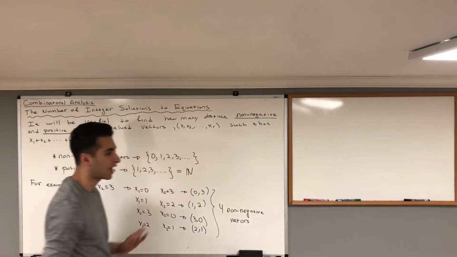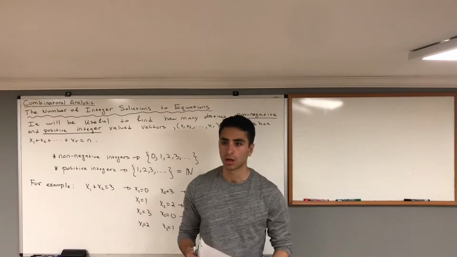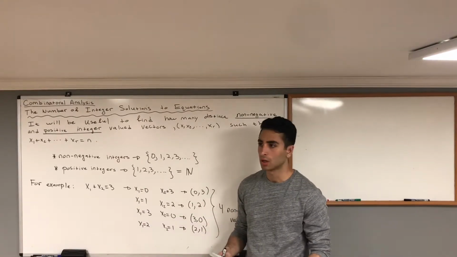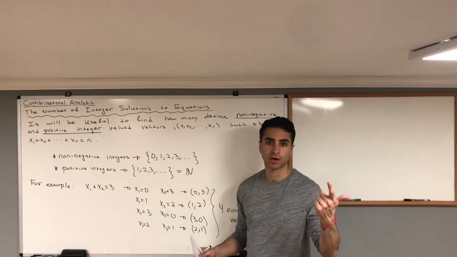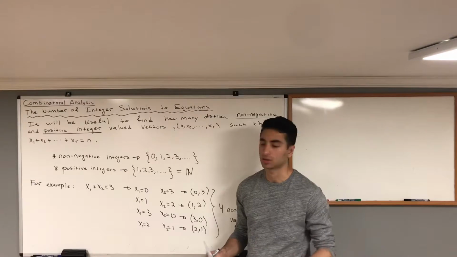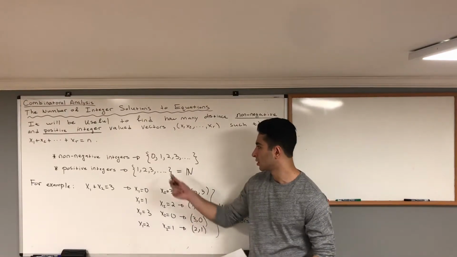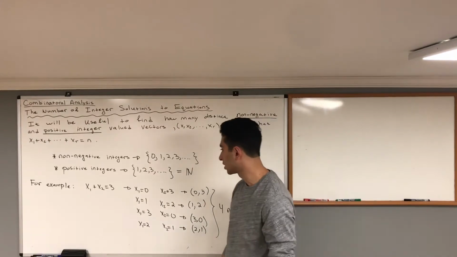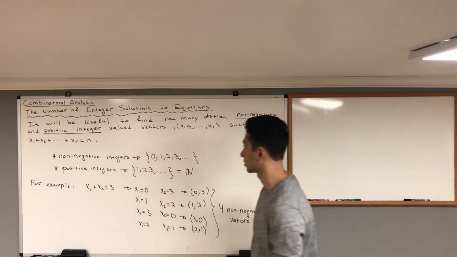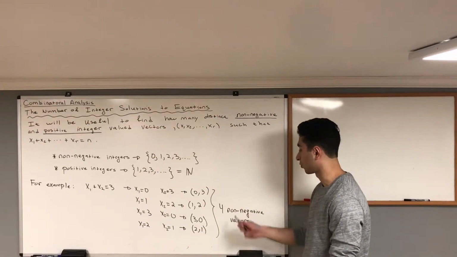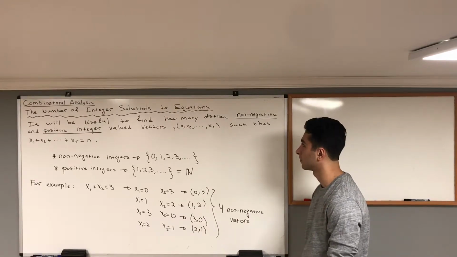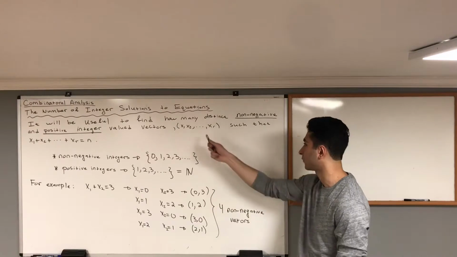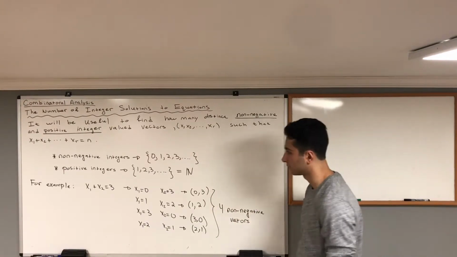We can't have 1/2, we can't have -4. We can't have negatives, we can't have irrational numbers or fractions. We must have non-negative integers or positive integers for these types of problems to work. So we came up with 4. And we found how many distinct non-negative valued vectors? 4. And that's it.